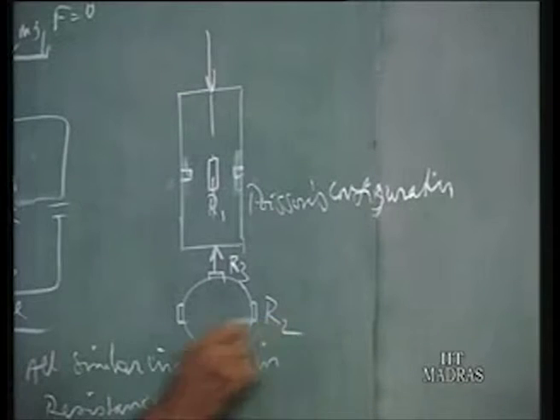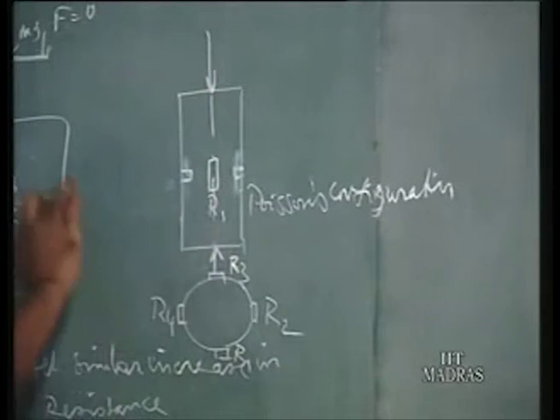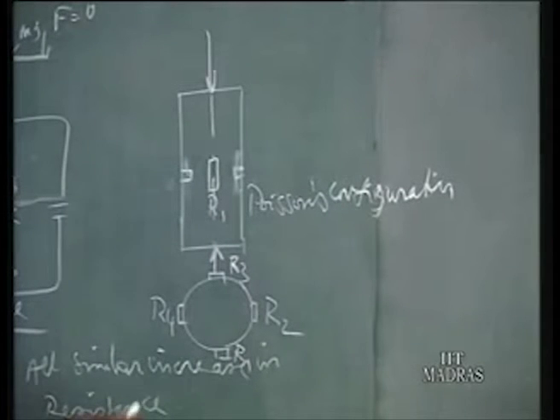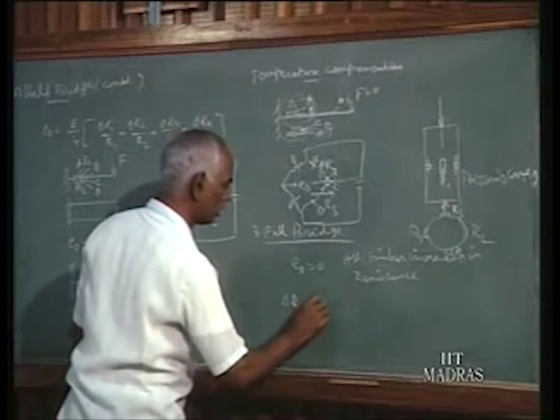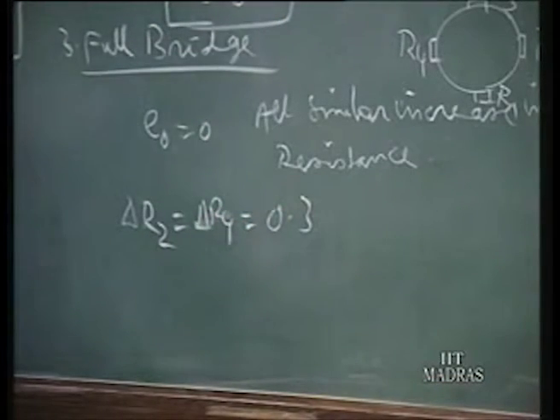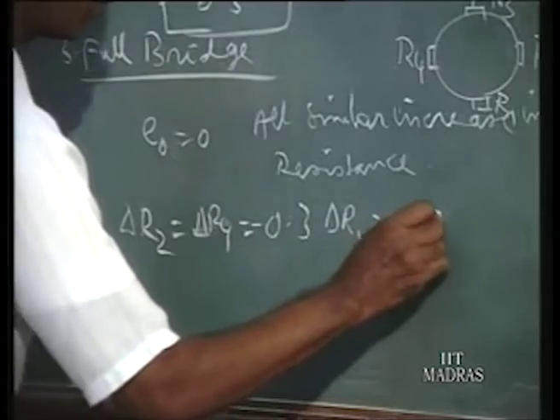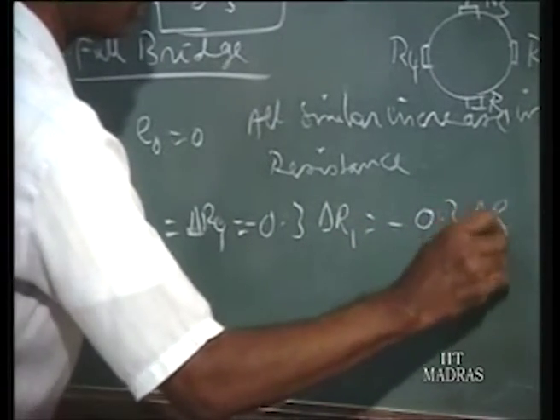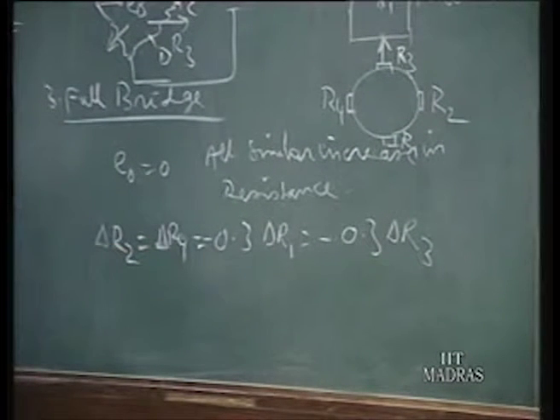So now R2 and R4 will be taking up the transverse strain, or for a compressive axial strain they will take tensile strain. That means delta R2 is equal to delta R4 is equal to 0.3 times, Poisson's ratio being 0.3 for steel. Then delta R1 is equal to minus 0.3 delta R3. So 0.3 times the axial strain will be the other 2 transverse strains.